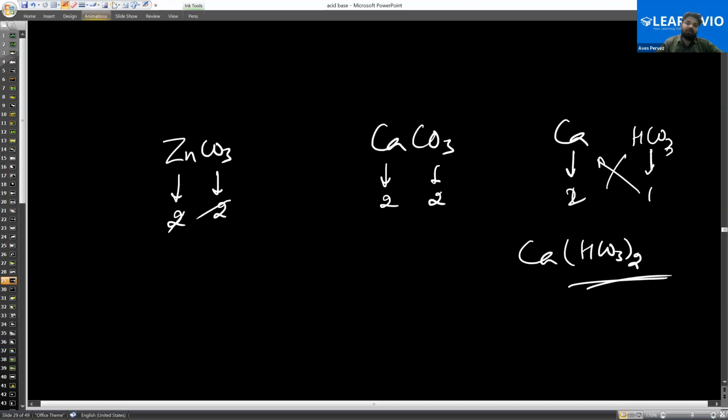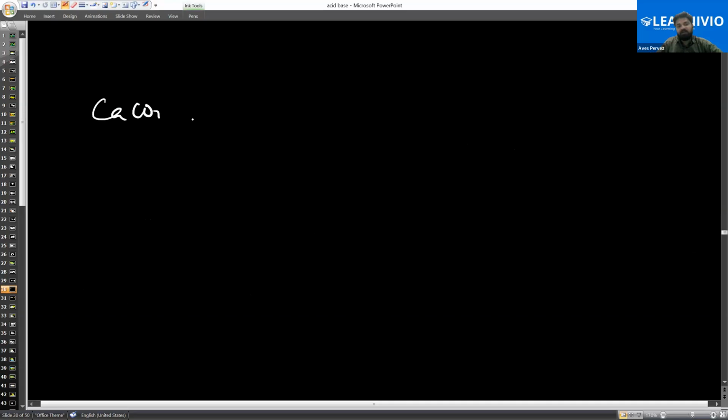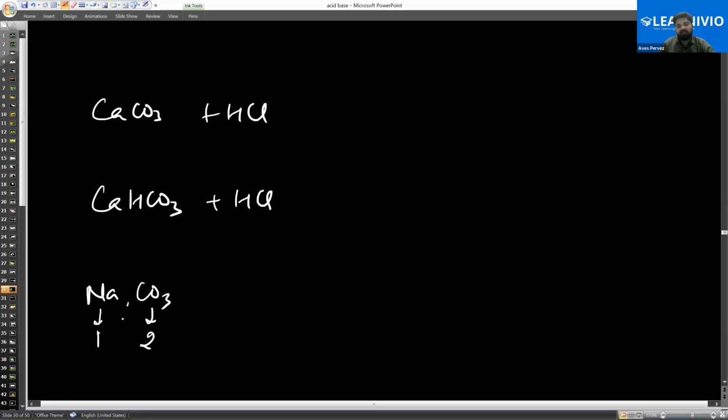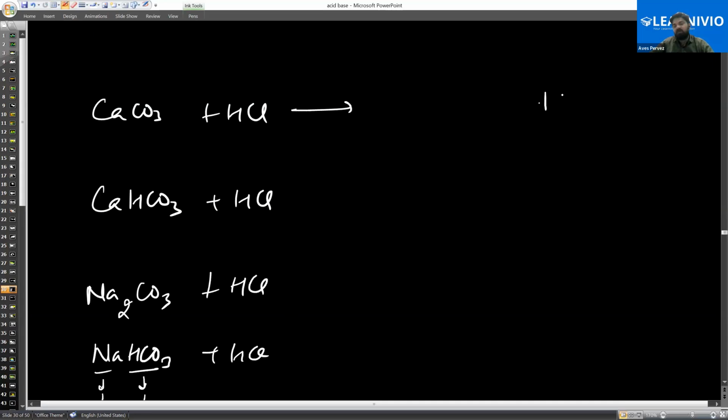So whether it is calcium carbonate reacting with HCl or calcium hydrogen carbonate reacting with HCl, whether it is sodium carbonate Na2CO3, which has that formula because Na has one valency and carbonate has two, reacting with HCl, or NaHCO3, sodium hydrogen carbonate, where both have one valency, reacting with HCl, they all will give you carbon dioxide plus water, CO2 plus water.